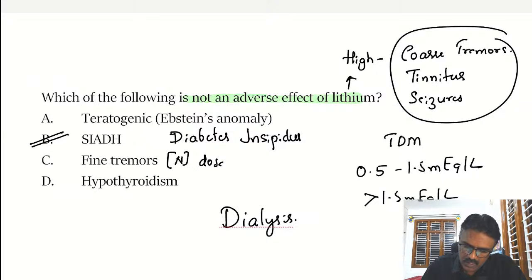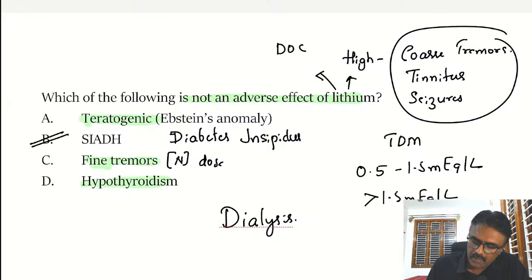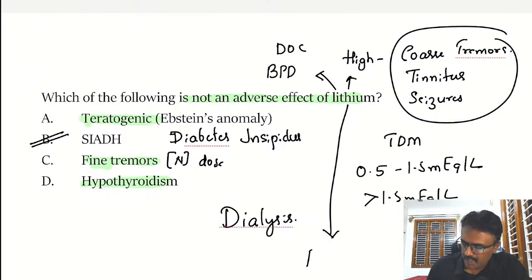Now, will it cause teratogenicity? Yes, obviously. Fine tremors? Yes. Hypothyroidism? Yes. And toxicity can lead to this. Lithium is the drug of choice for bipolar disease prophylaxis. Lithium is also given for mania, but it will not work immediately.